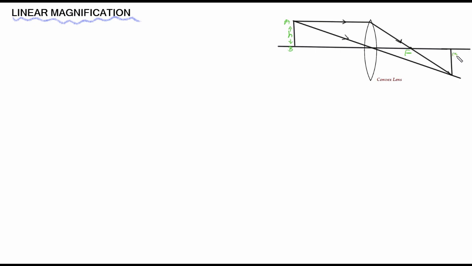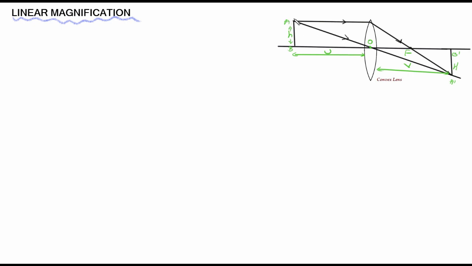So, I will name it as B dash A dash. The height of the image is h dash. The distance from the object to the optical center is represented by u, and the distance from here to the image I will represent as v. Okay, this point is the optical center O.